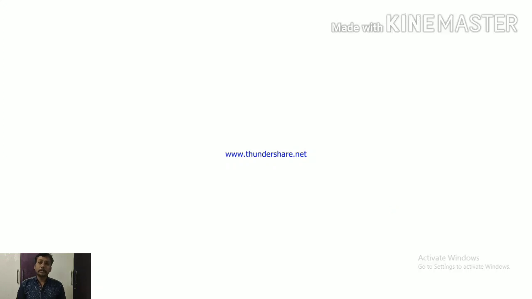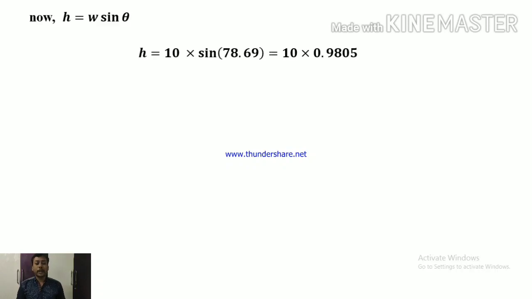Now next we have to determine the height. We know the width of the road is w and h is the height, so h is equal to w sin theta, that is the elevation of the road. If we put the values, h is equal to 10 into sine of 78.69 degree. Sine 78.69 is 0.9805.